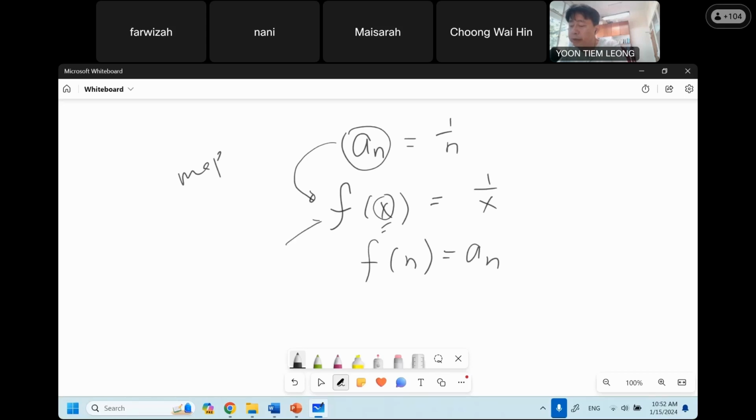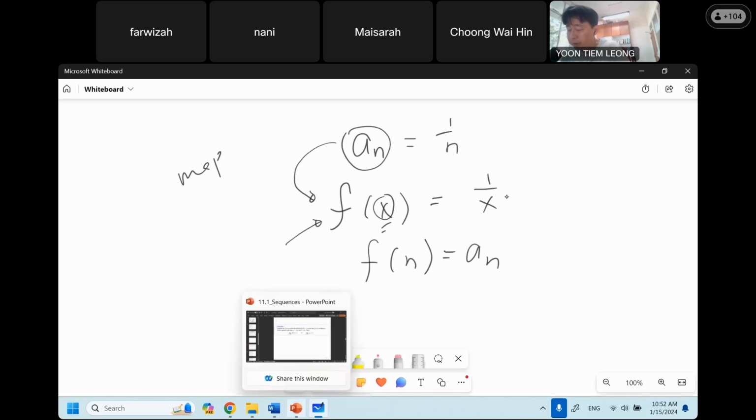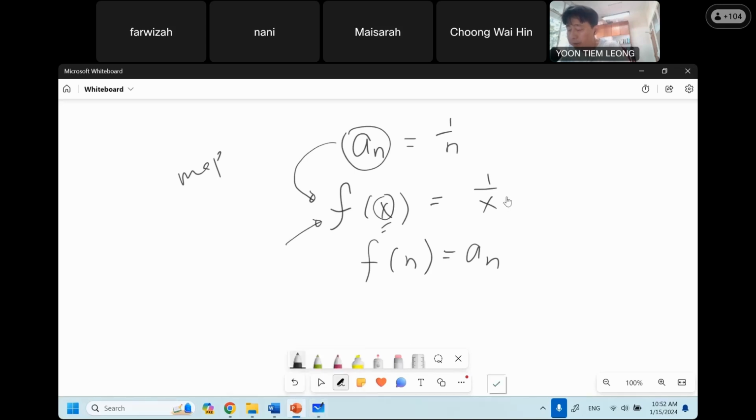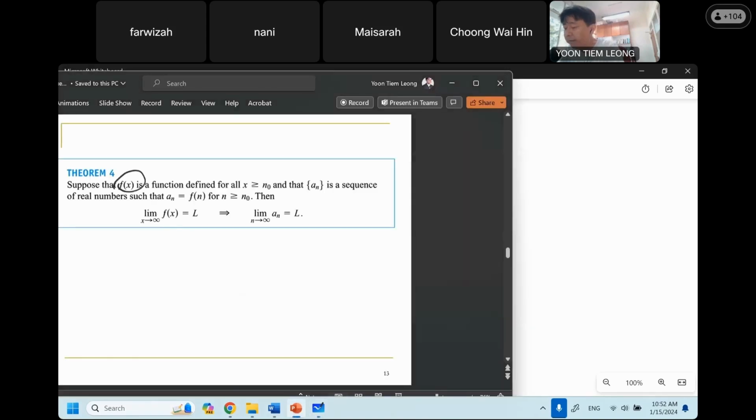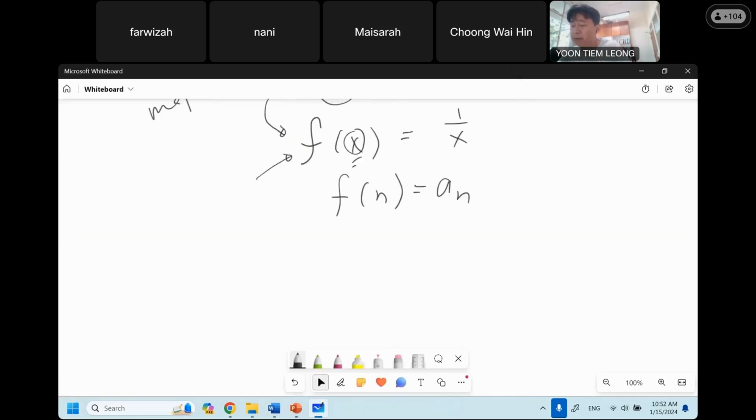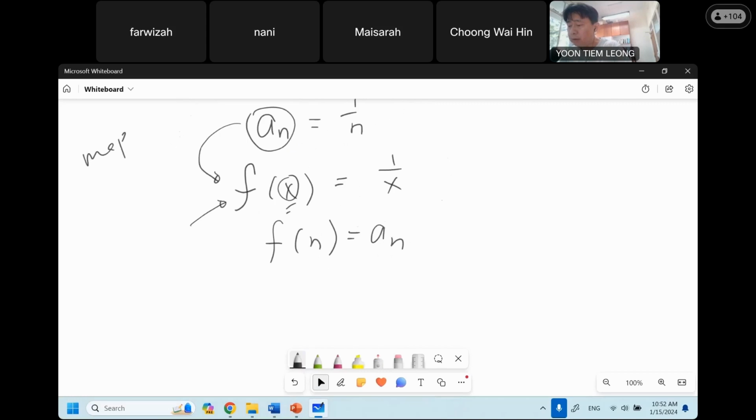into a continuous function, defined to be identical to each term of the sequence for x larger than n naught, then this theorem applies. Now let me explain a little further a point which I have not explained earlier.